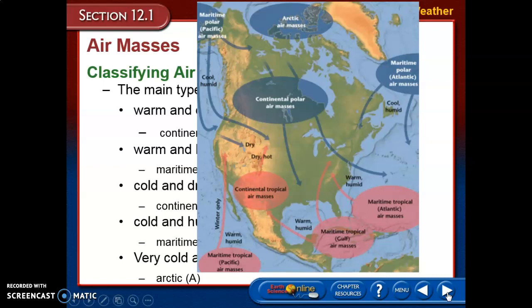You've got maritime tropical, warm and moist air also coming in from the East Coast. And then over the Mexico area, continental tropical air masses are very dry and warm, and they all tend to sling up towards that mid area, which means, once again, different air masses meet and weather occurs, and oftentimes very aggressive weather like thunderstorms.